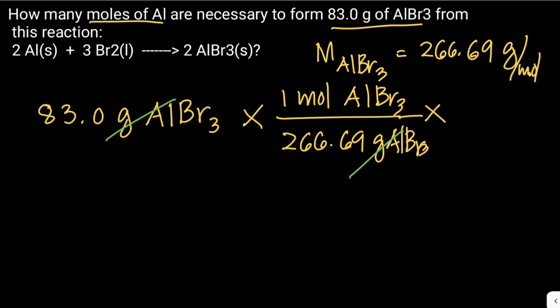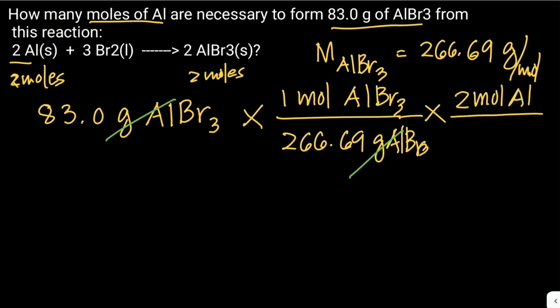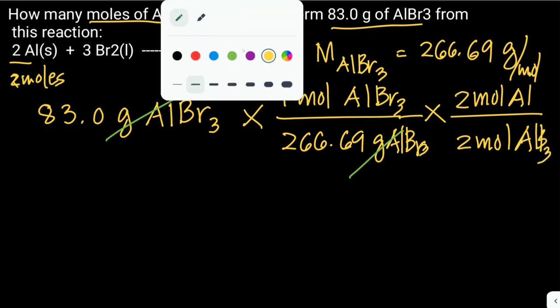Then we multiply this by the mole ratio of aluminum and aluminum bromide. From the reaction, we have 2 moles of aluminum and 2 moles of aluminum bromide. So that would be 2 moles aluminum is to 2 moles of aluminum bromide.